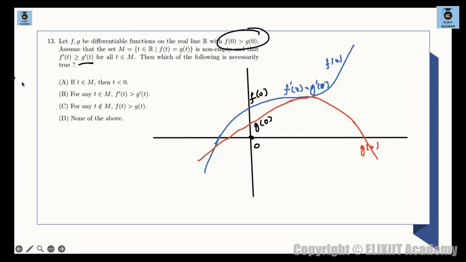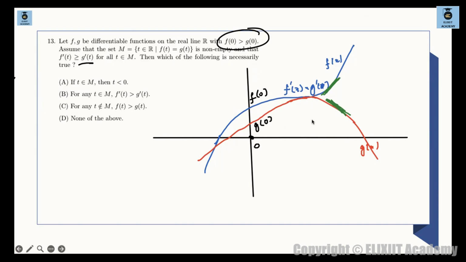And for the remaining points, you can see somewhere over here the tangent is lying above and this tangent is lying below. And for the rest of these points, f dash of x is more than g dash of x. Okay, that's how we have constructed the graph of the function.